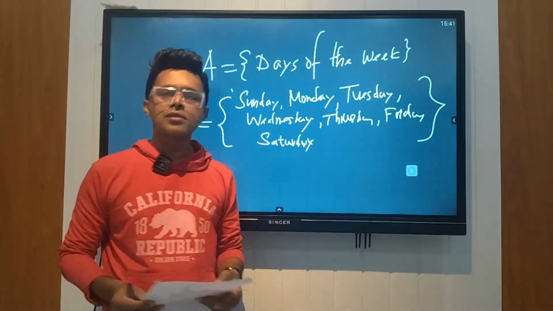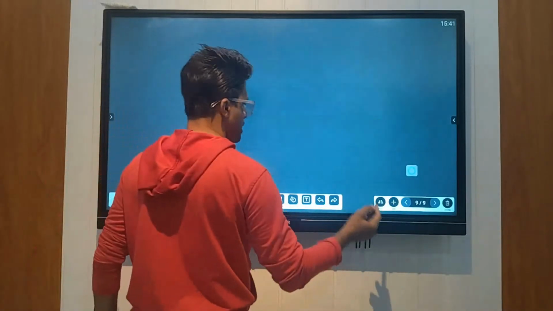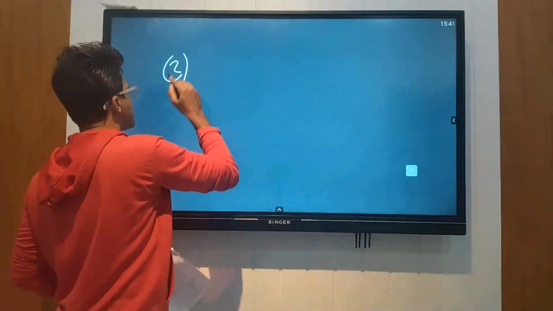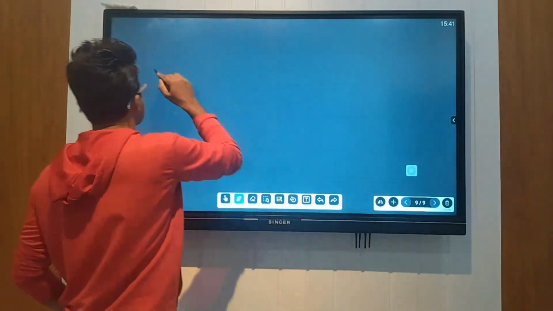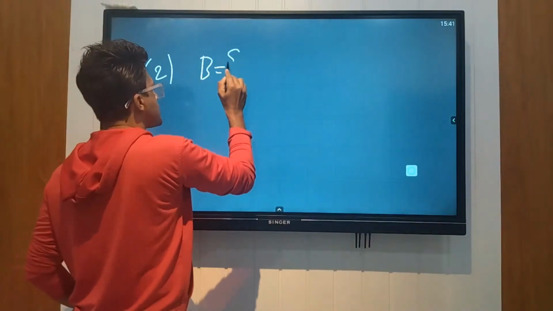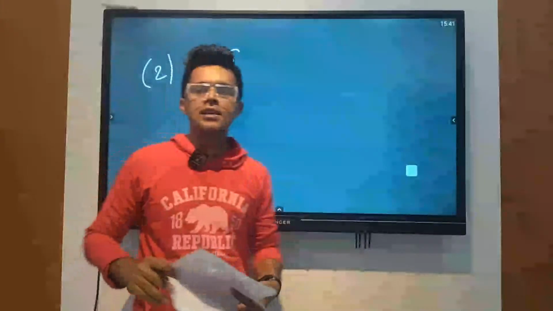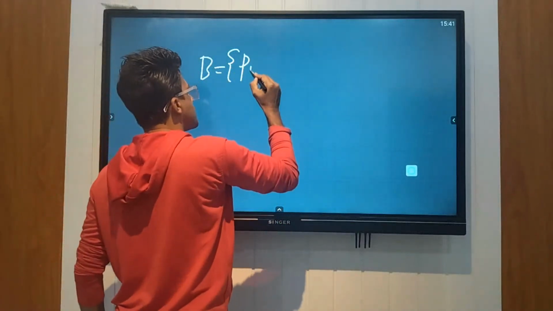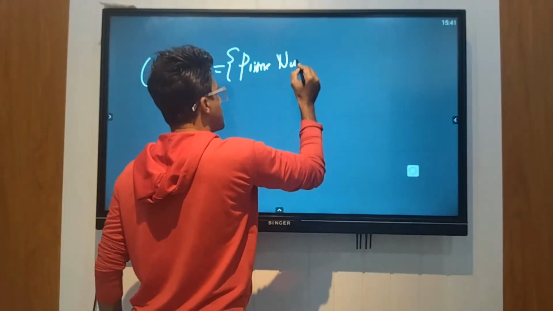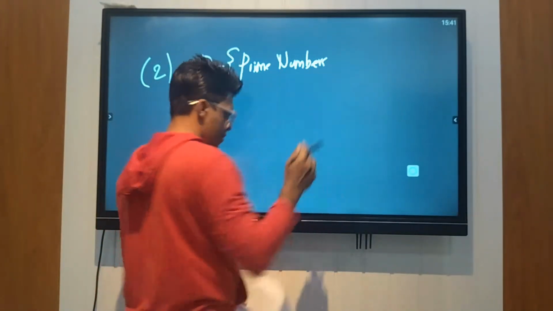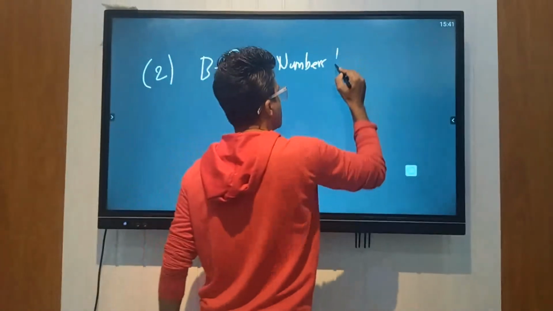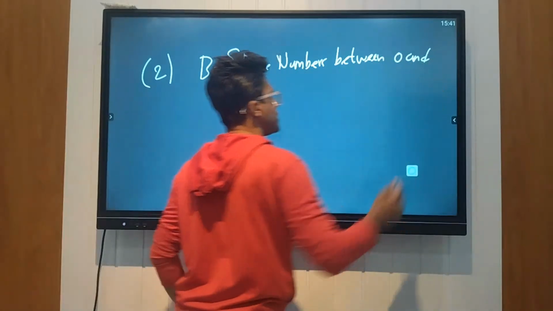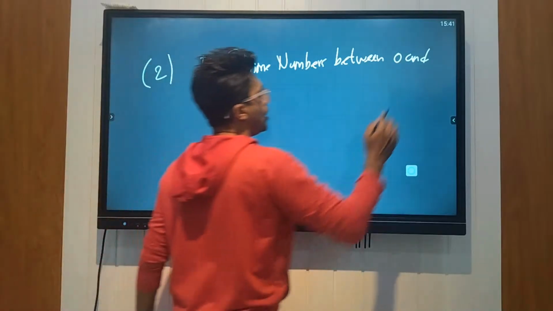The other question, the second question that I am going to discuss here, has given the set B, considering a common property: prime numbers between 0 and 10.